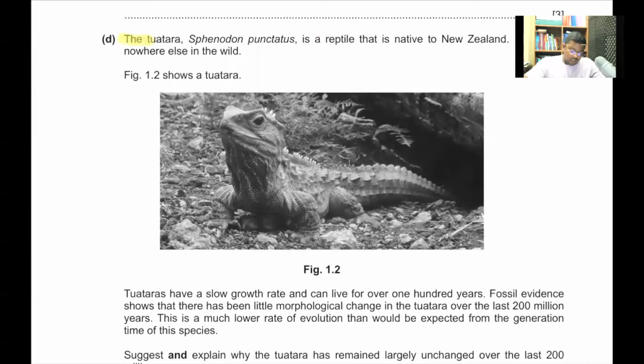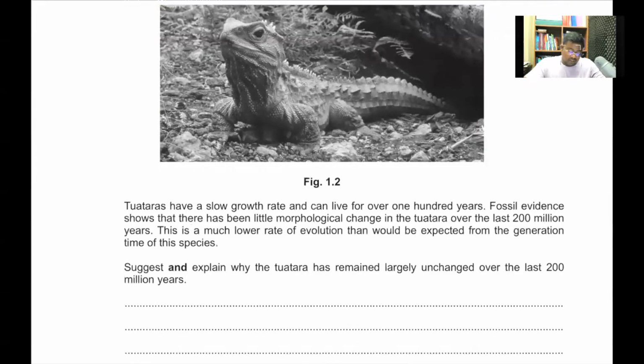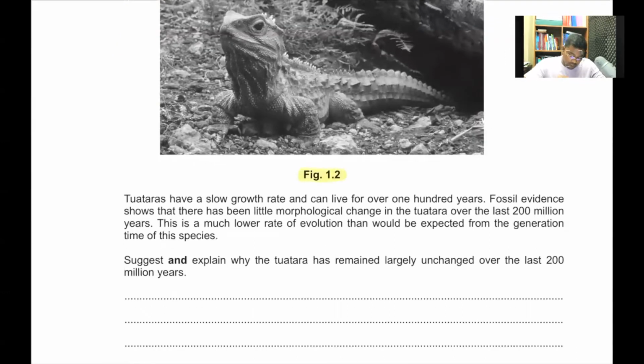Part D. The Tuatara Sphenodon punctatus is a reptile that is native to New Zealand. It is found nowhere else in the world. Figure 1.2 shows a Tuatara. Tuataras have a slow growth rate and can live for over 100 years.